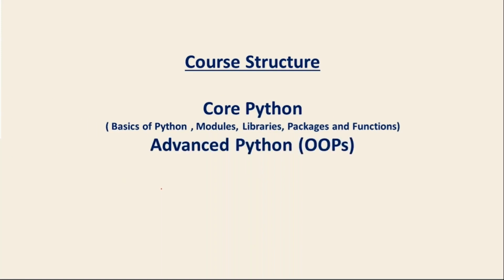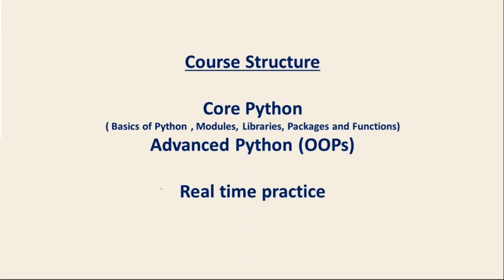And then I will work with your OOPS concepts. While working with core Python as well as advanced Python, I'm going to explain these concepts with real-time practice so that you can apply them in real time very easily, right? So this is my course structure, guys.